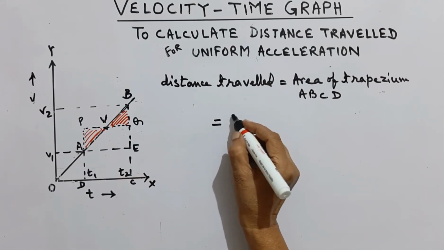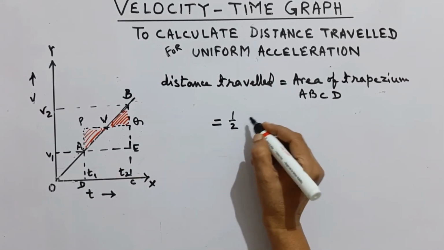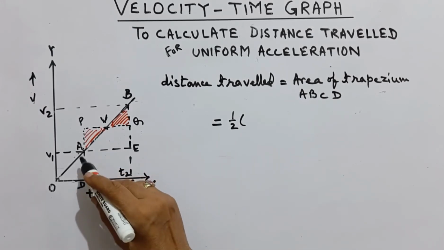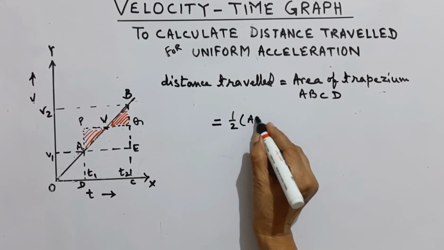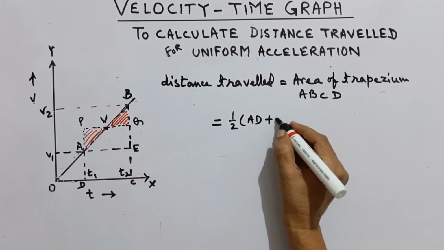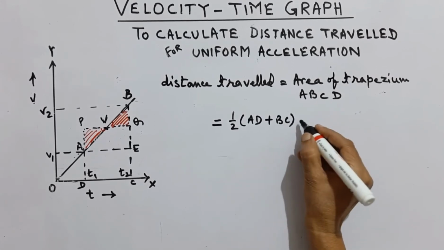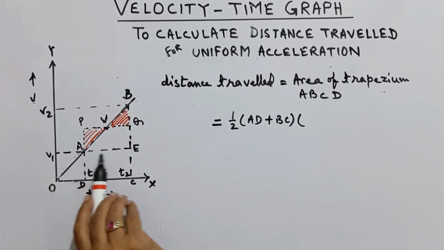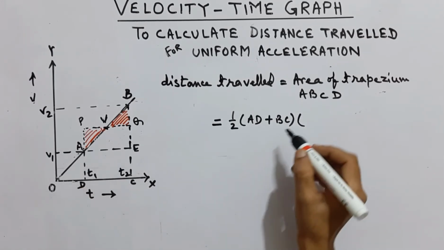So this is equal to half sum of parallel sides AD plus BC multiplied by the distance between the parallel sides.